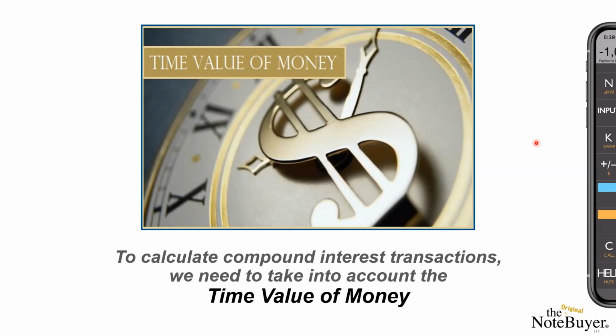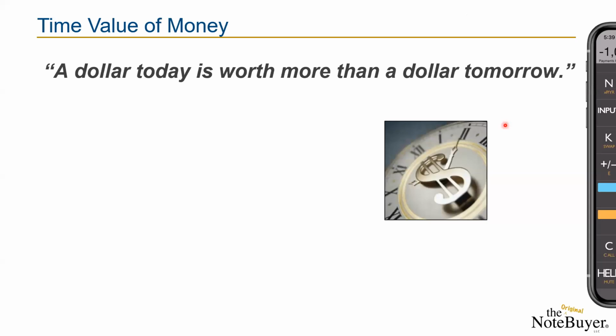And time value of money is simply that $1 today is worth more than $1 tomorrow. Think about that. Which would you rather have, $10,000 today or $10,000 10 years from now? You want it today, don't you?